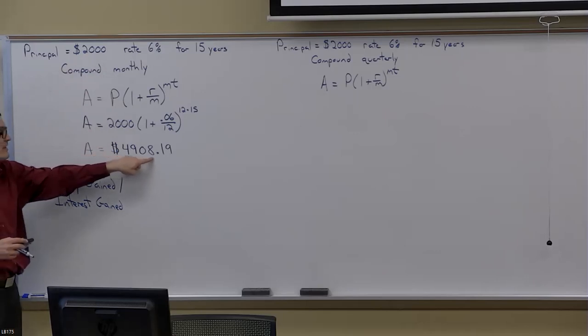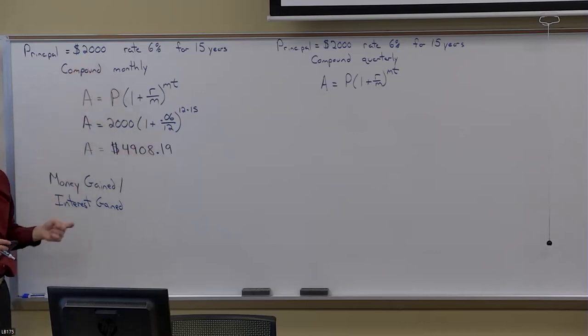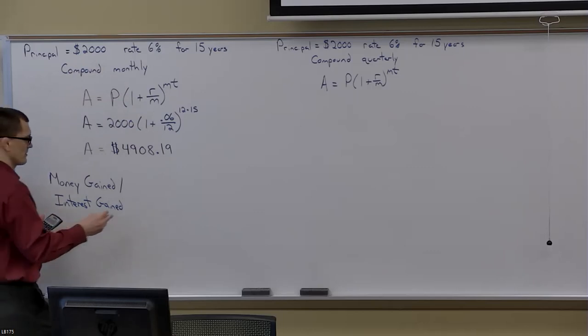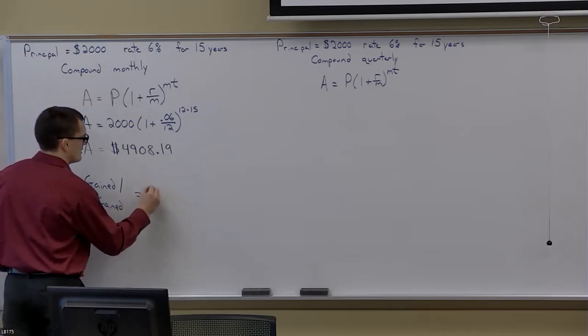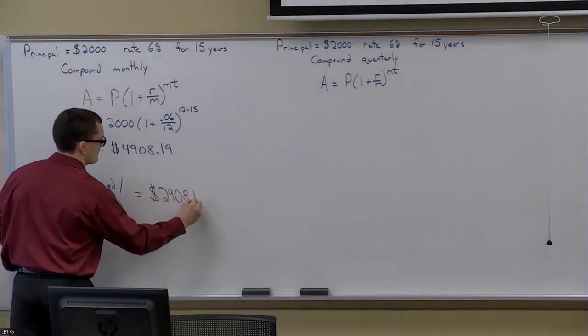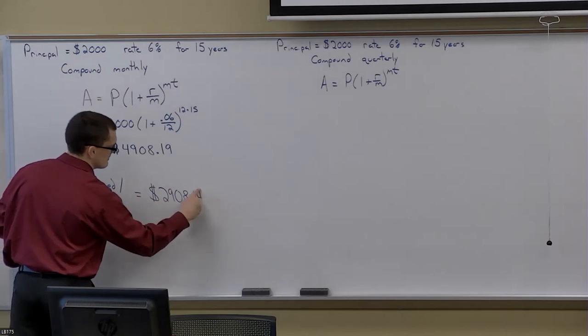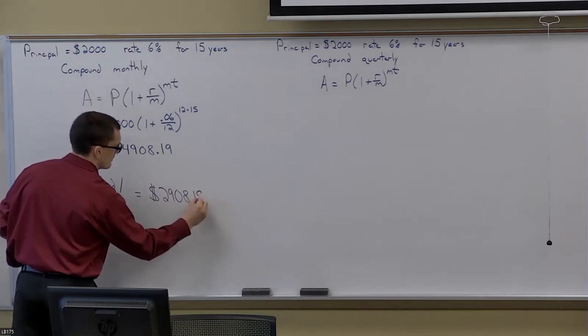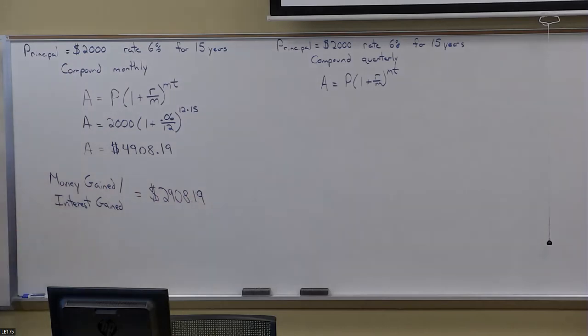Just take 4908.19, subtract the 2,000. Is $2,908 and 19 cents. Everybody get where I'm getting that number? Started with 2,000, ended here. So if you take out what you put, the gain is $2,908.19.